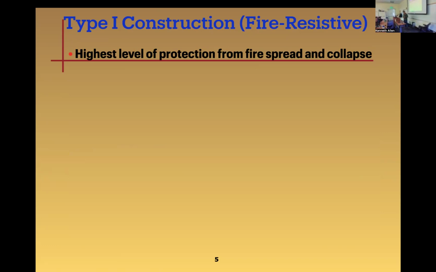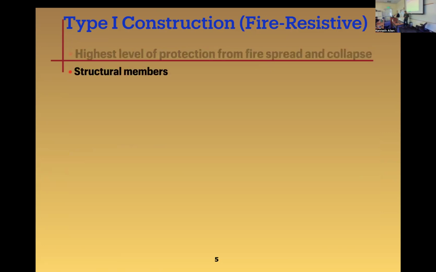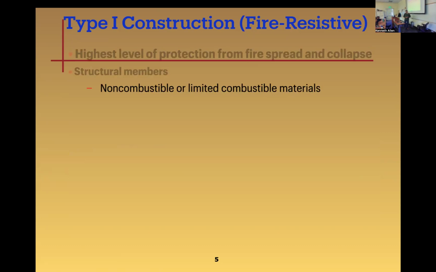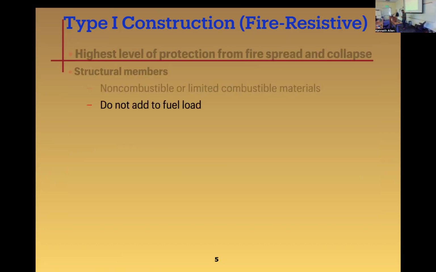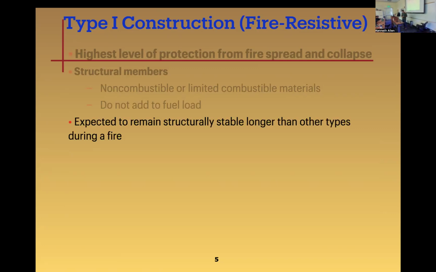Pretty interesting to see. So fire resistive is what you call type 1 construction. It's the highest level of protection from fire spread and collapse. They're non-combustible structural members, mostly concrete, and they don't add to the fuel load. However, sometimes what is inside has the ability to ignite and cause a big fire.